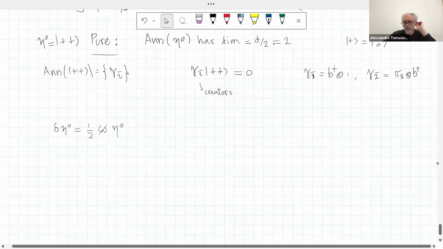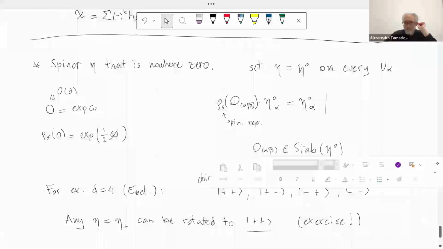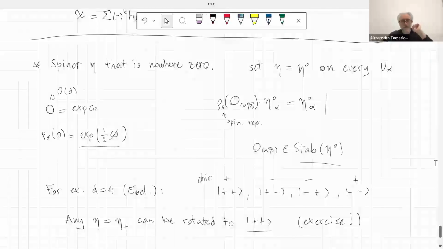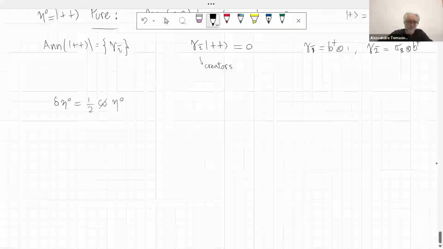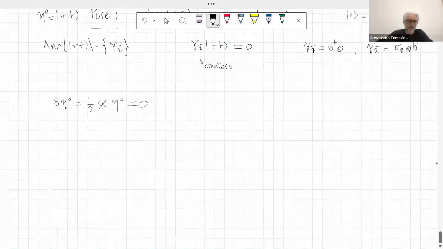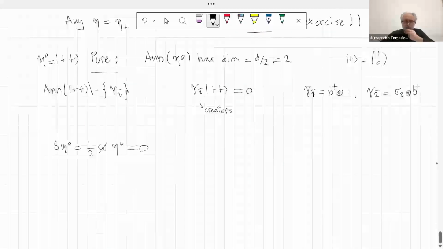And if I want the finite version, this exponential of the 1/2 omega slash, to map eta 0 into itself at the infinitesimal level, it has to give 0, so that when you exponentiate 0, you get 1.